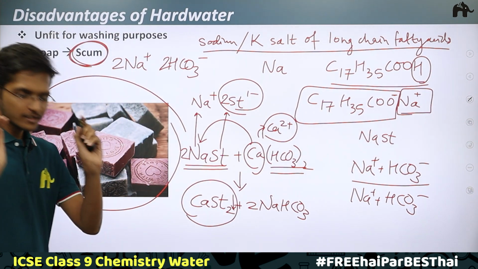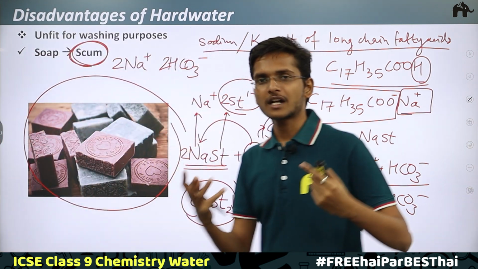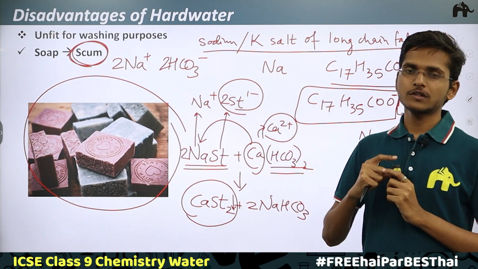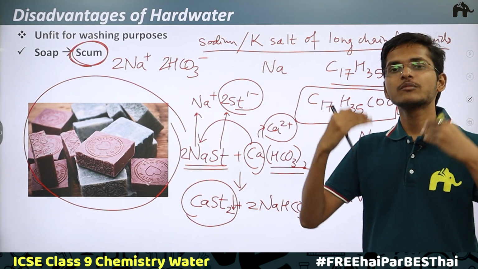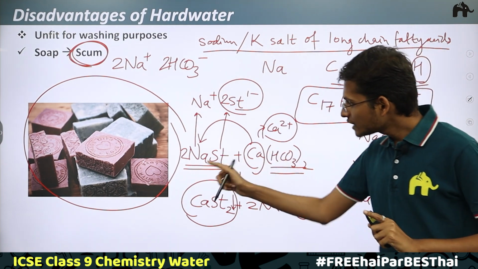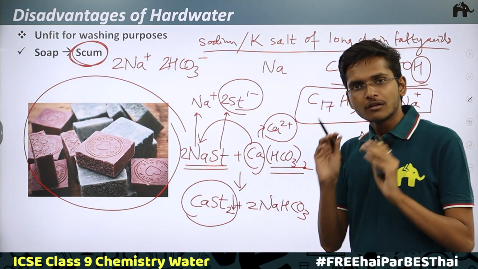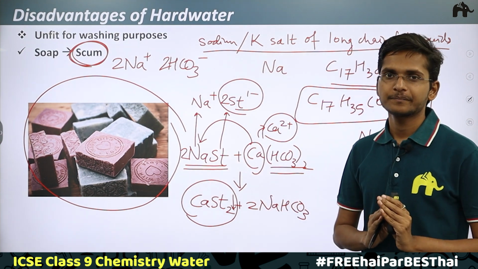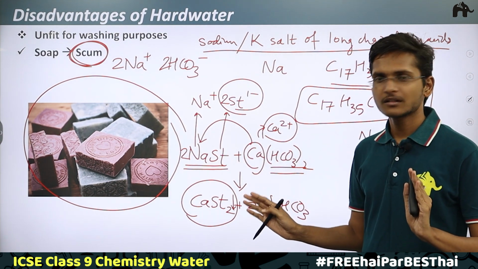Now you can just remember this, or you can just understand this thing here. In order to wash the clothes, in order to clean the clothes, in order to remove the oil and dirt from the clothes, we need our sodium stearate to be present as sodium stearate only. Clear? Why?